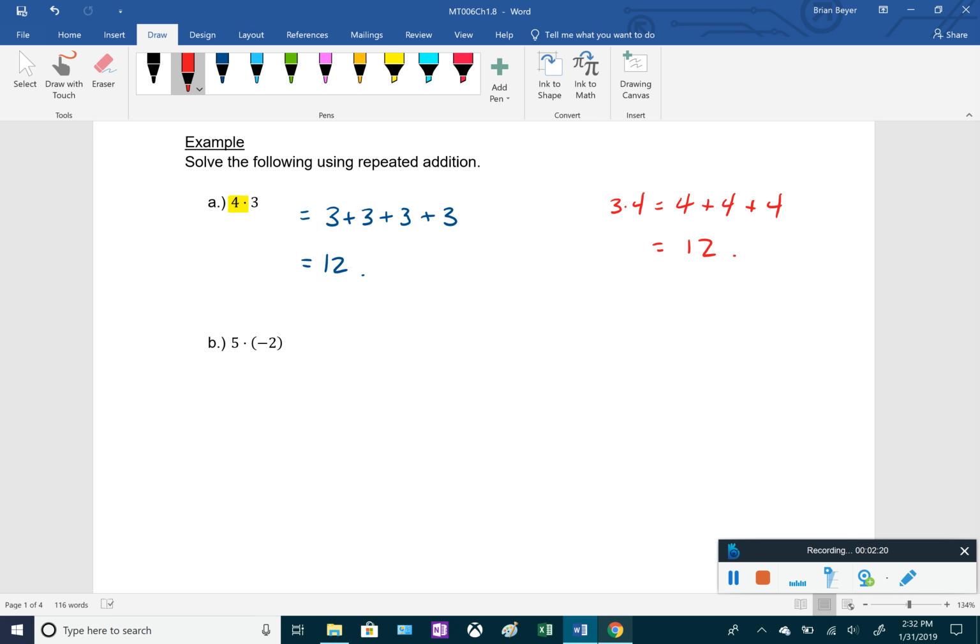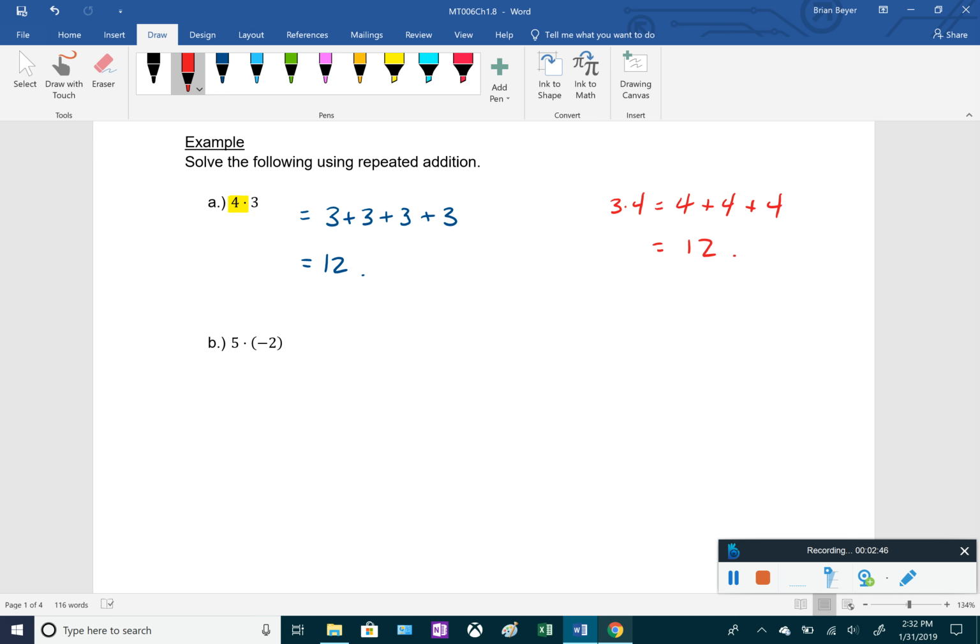So yes, we get the same answer, but we did it a different way. They're the same because multiplication is commutative, so the order doesn't matter. But technically, the way that we did it is different. Not everything in math when you multiply is going to be commutative, but multiplication with numbers is commutative. So it does work out.